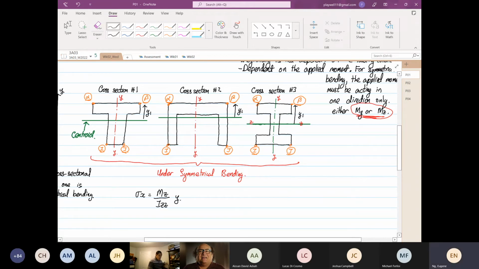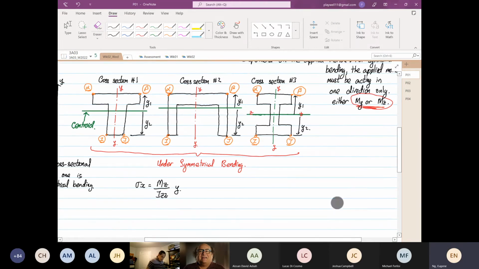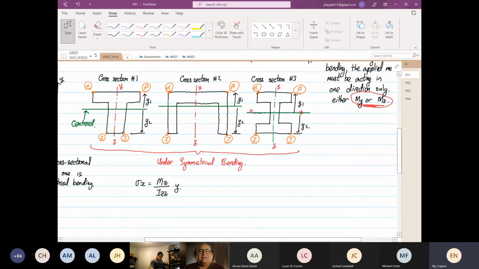Either alpha or beta, the y1 distance is the same. Then we have y2. When it's y2, the distance is the same for I and J.